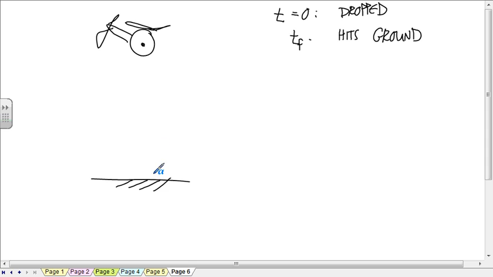And then for the coordinate system, I'm going to put it on the ground beneath the helicopter at the instant it's dropped. And the orientation with the x-axis horizontal in the direction of the motion.